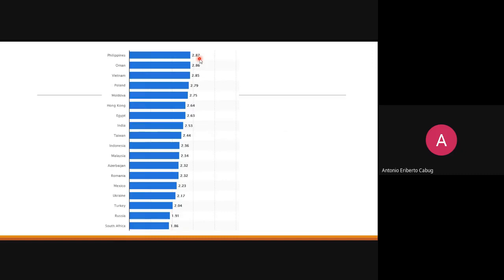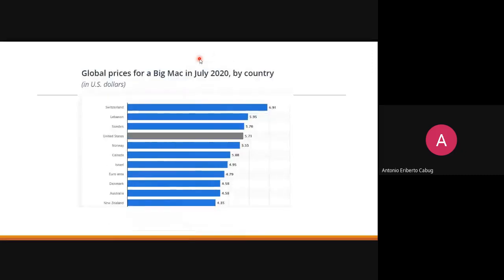As you can see, the law of one price doesn't work in the real world. Go to the United States, the cost of the Big Mac is $5.71. Go to Switzerland, the cost of the Big Mac is $6.91. Right? US, $5.71. Switzerland, $6.91.